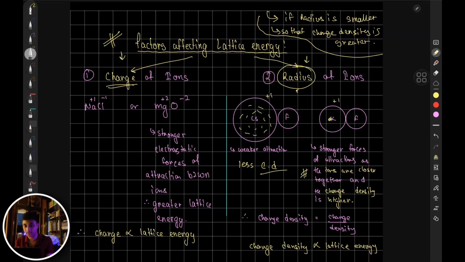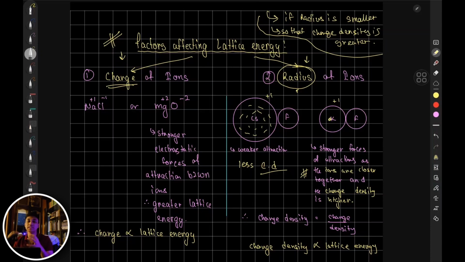So it can attract and pull the two atoms closer in a much stronger manner, since the nucleus is much closer to the valence shell. Compared to cesium, the nucleus is far away, so it's harder to attract the outer orbiting electrons.